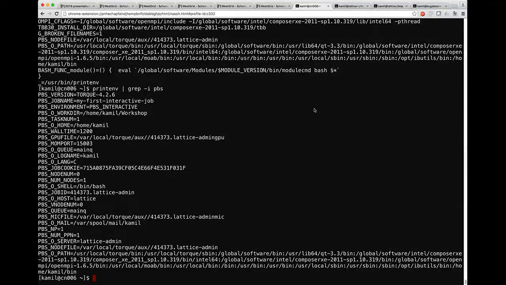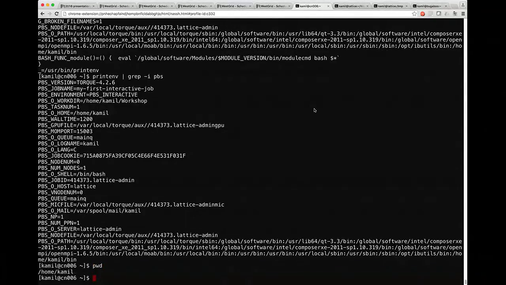Also notice, where are we? We are right now in my home directory. This is not where I started my job from. I started my job from home Kamil capital workshop. But notice that PBS_O_WORKDIR is that directory.